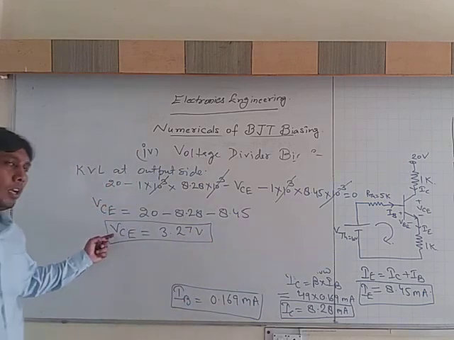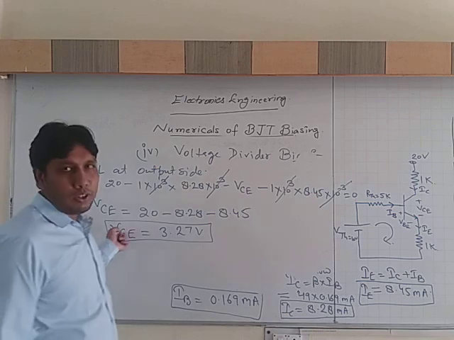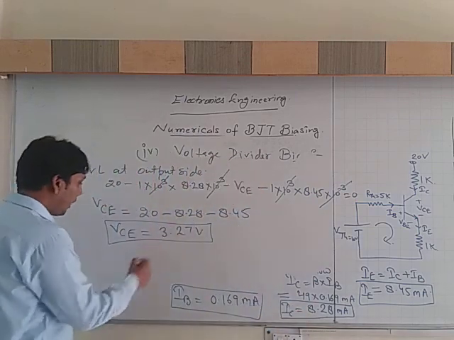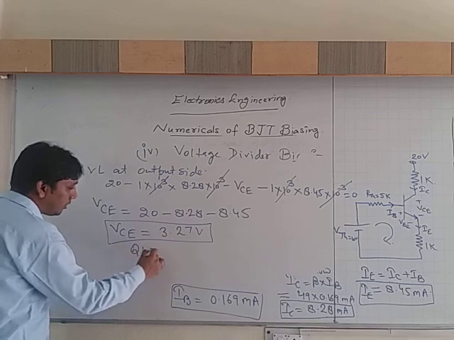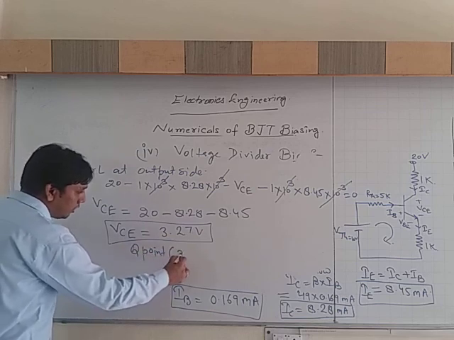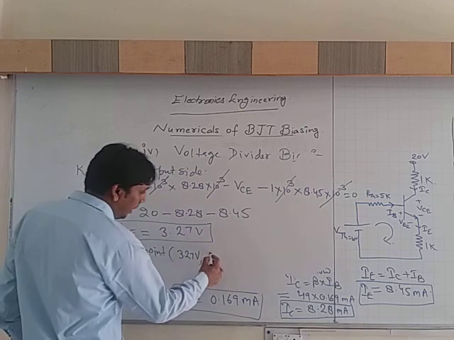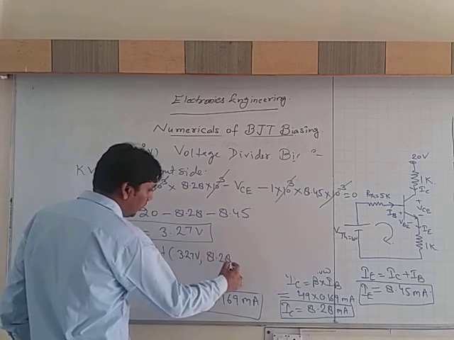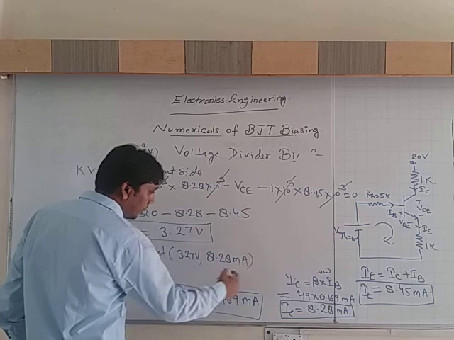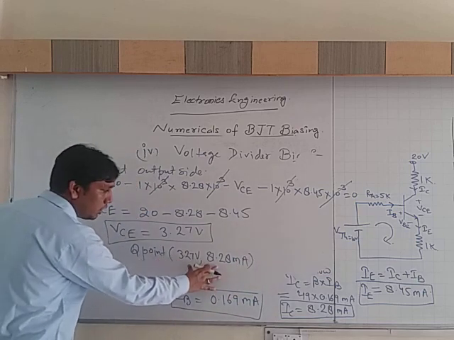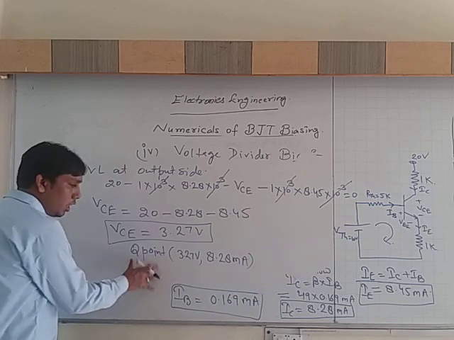This is our VCE, and we already have the value of IC, so we can write our Q point as 3.27 volt, 8.28 milliampere. That is the value of IC and the value of VCE. Both these parameters make the Q point.